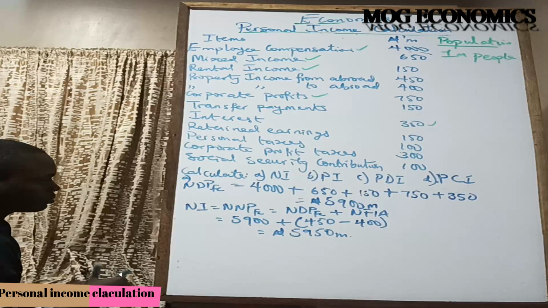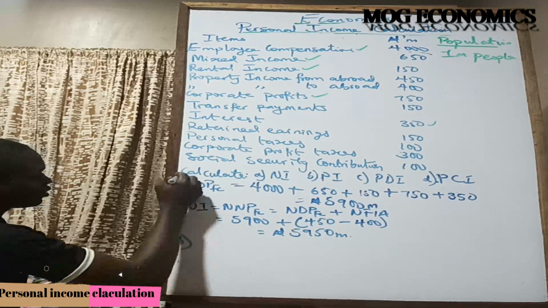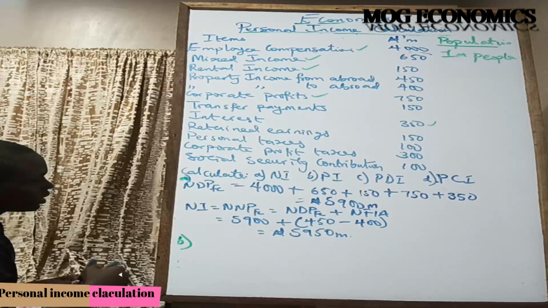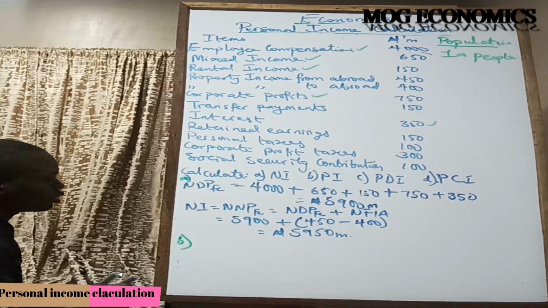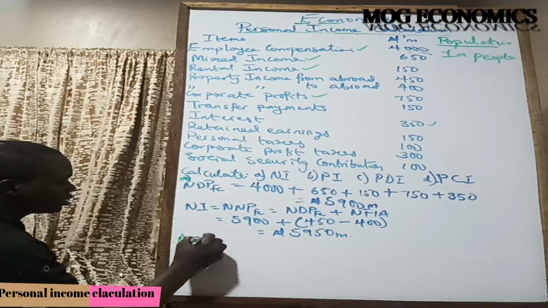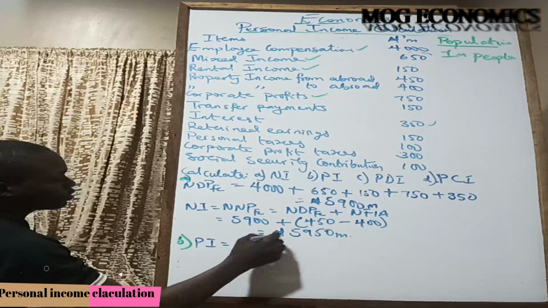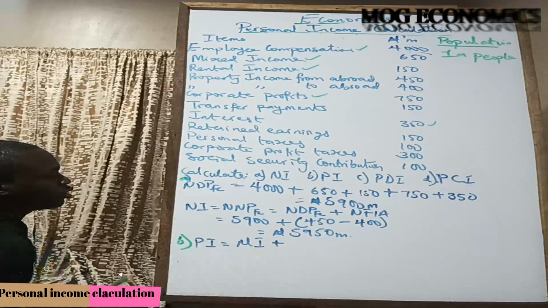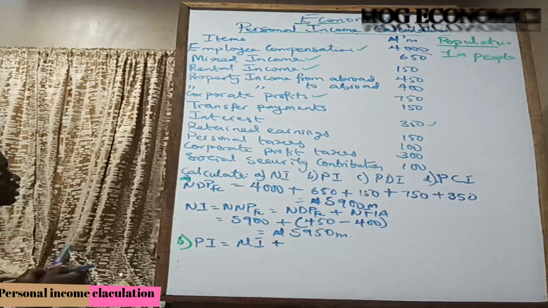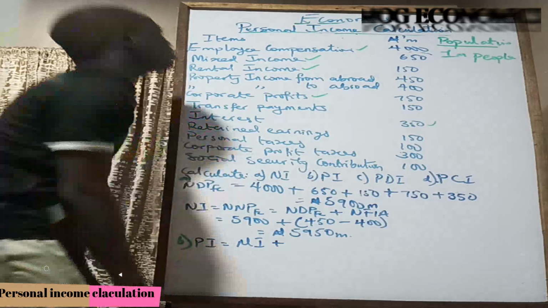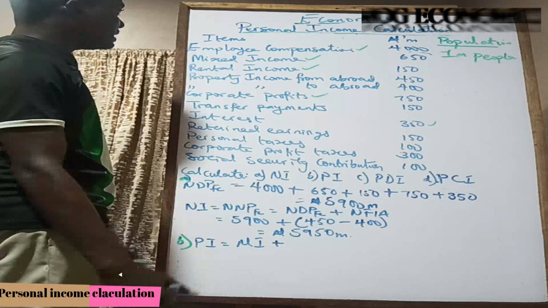For B, I think we've done this before anyway. We are going to have personal income. Recall that personal income is national income plus income received but not earned. If you look at this, what were the incomes received but not earned?